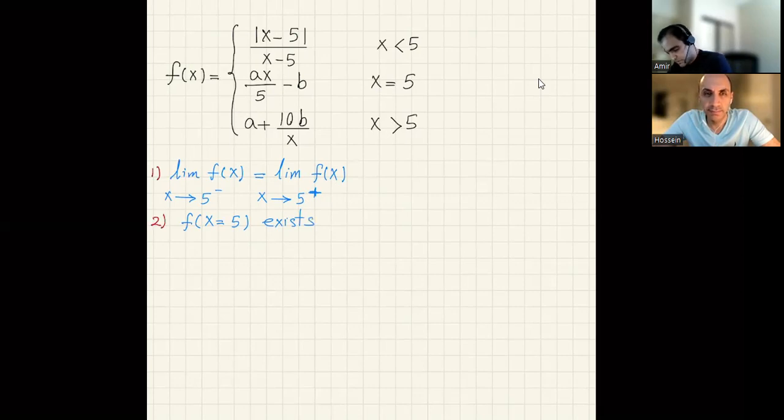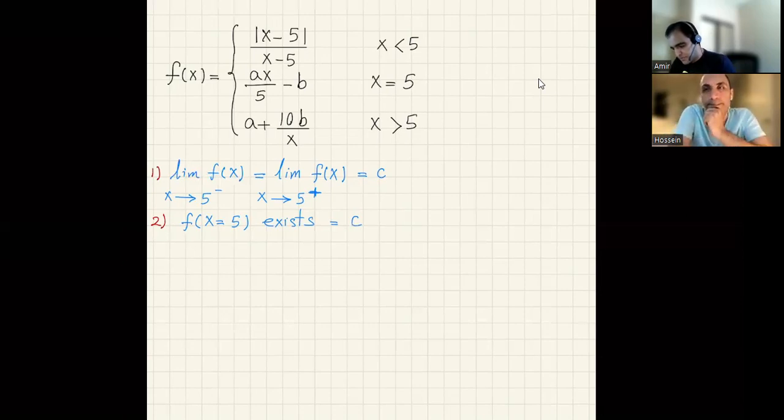If the limit is, let's call it C, then this should be C. Correct? Right.